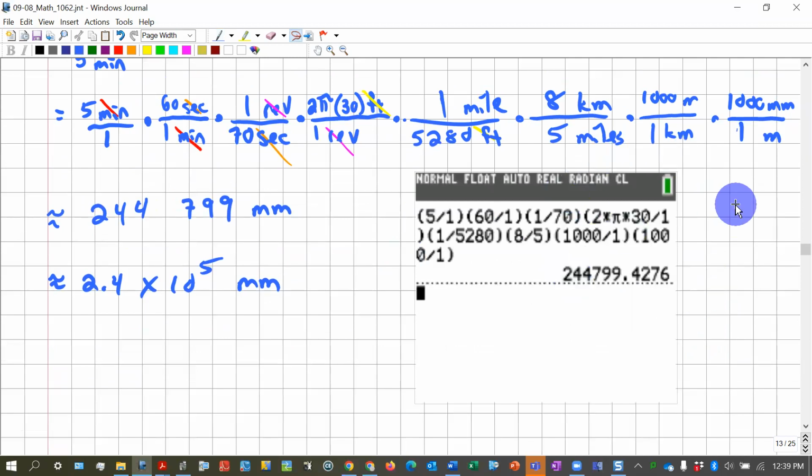But I just wanted to point out that this idea of unit conversion, sometimes we have to convert within systems: inches, feet, and miles; seconds, minutes, and hours; days, weeks, years. Sometimes we have to convert between customary units and metric units.